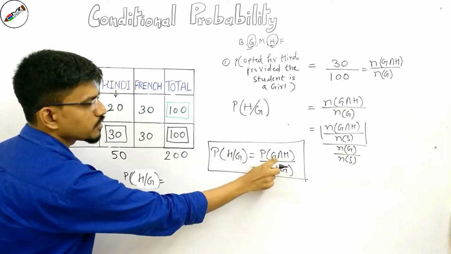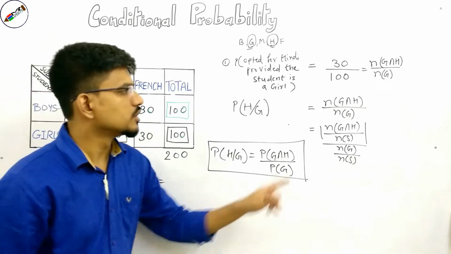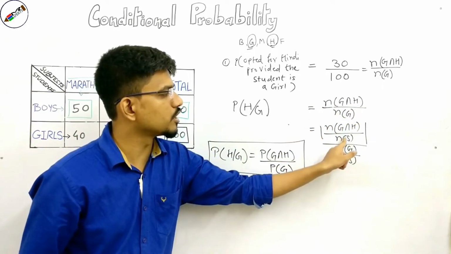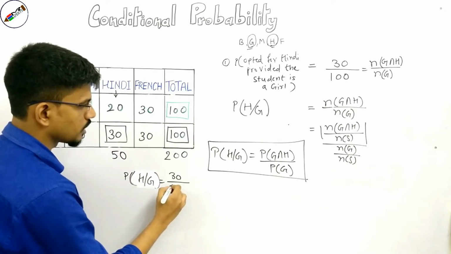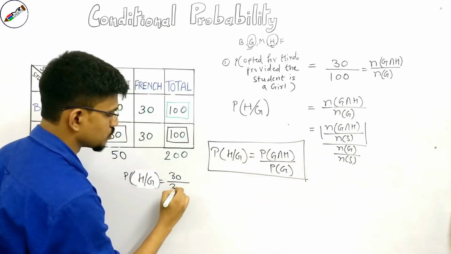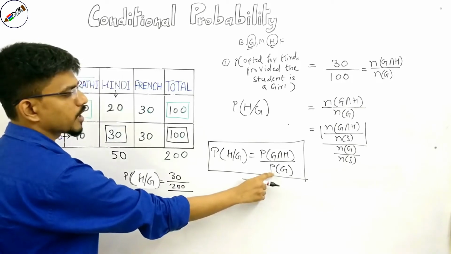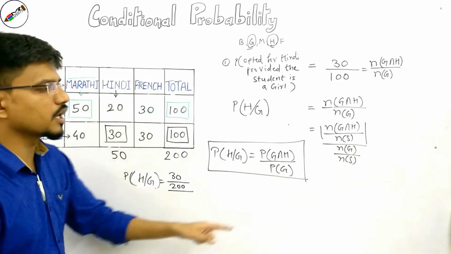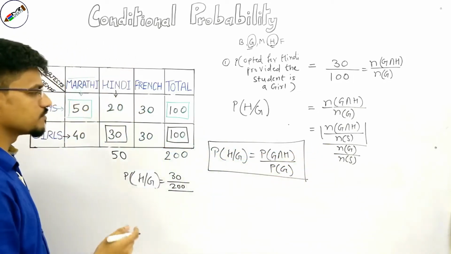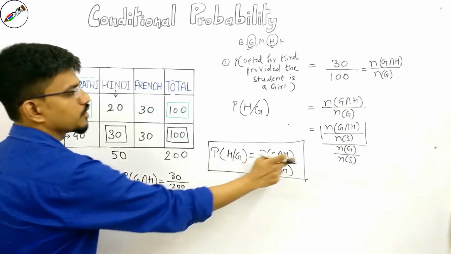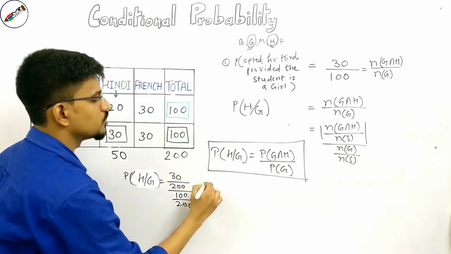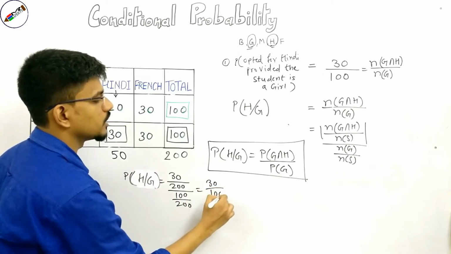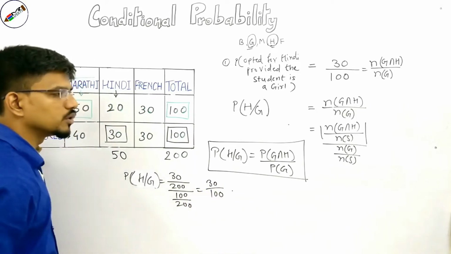So probability of G intersection H is number of G intersection H upon number of S. So that would be 30 upon number of sample points, which is 200, upon probability of G is nothing but N of G upon N of S. N of G is nothing but 100 and N of S is 200. 100 upon 200. So in all you are going to get the answer as 30 upon 100 only.